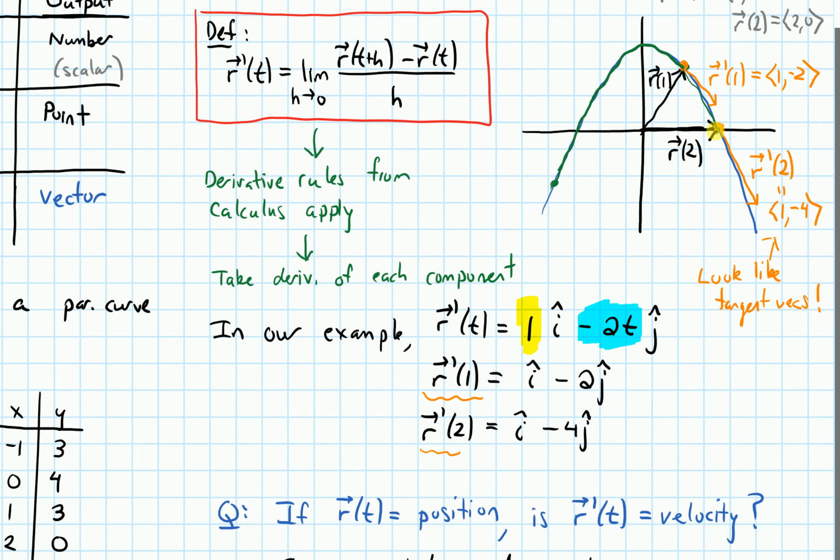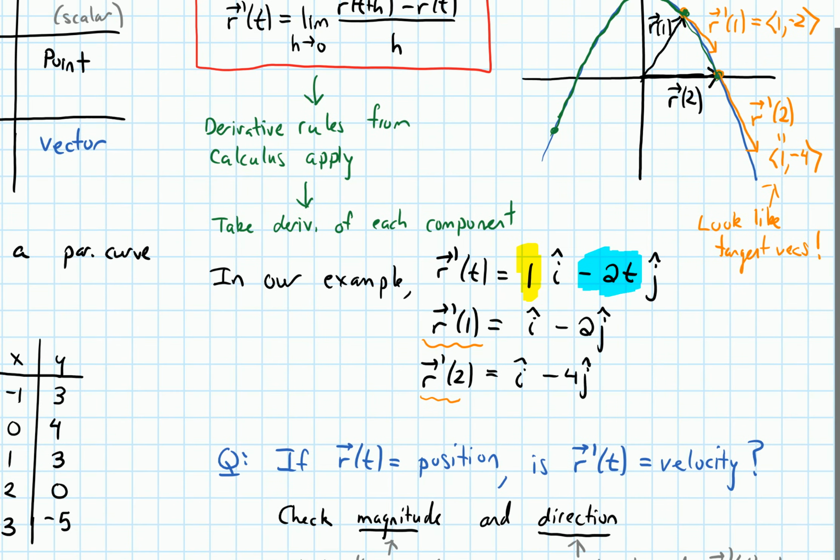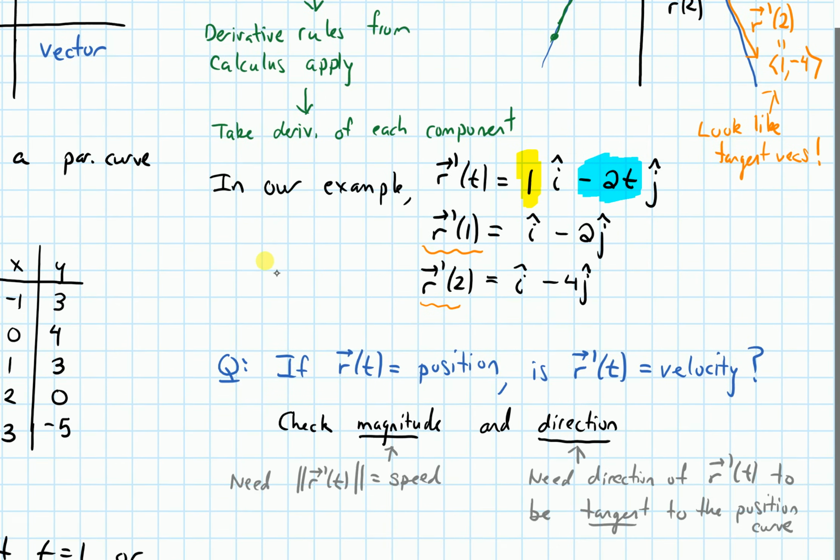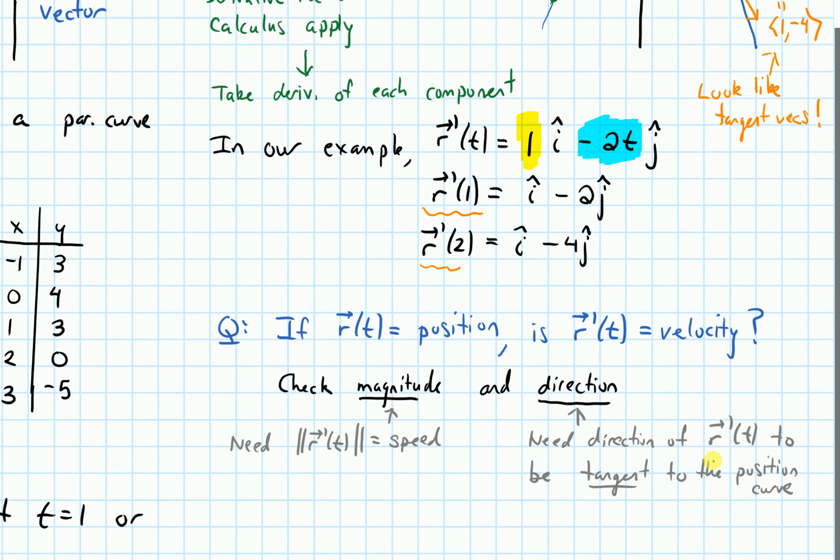If we were to let it go and just let it continue in the direction that it's moving most immediately, it would go tangent to the curve. All right, so we are hoping that the direction of our derivative function is going to be tangent to the position curve, just like the velocity vector is.